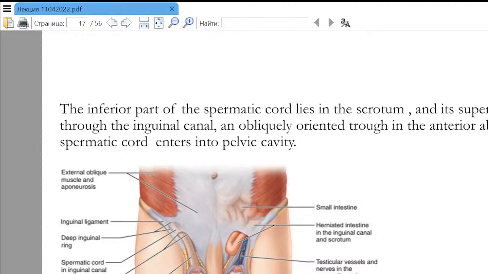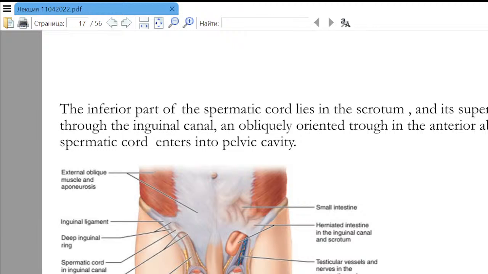The inferior part of the spermatic cord lies in the scrotum, and the superior part runs through the inguinal canal, obliquely oriented in the anterior abdominal wall.